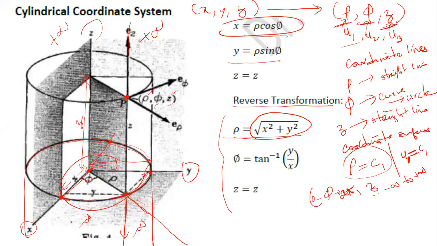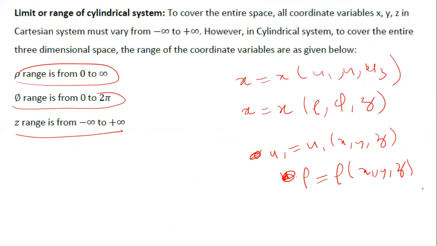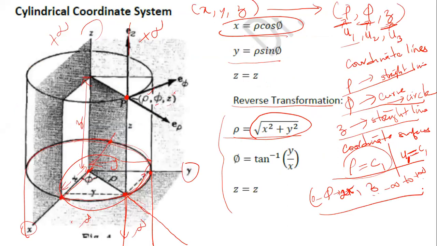So you have three coordinate variables, and we discussed the coordinate lines: this is a straight line, this is a curve, in fact a circle, and this is also a straight line. We also discussed the coordinate surfaces, and the transformation relations.